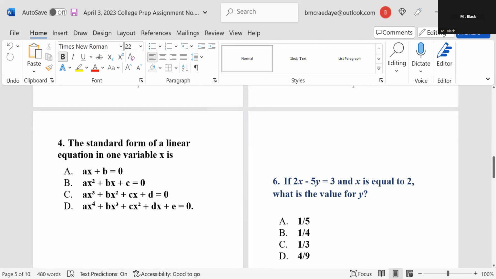And remember, I told you linear equations are a straight line, and the power is never more than 1. So that means you can eliminate 3 of these right away, right? What's the answer, Maureen? Mercedes, I'm sorry, I didn't hear you. I was saying that you can eliminate 3 of these. I was saying B, C, and D.